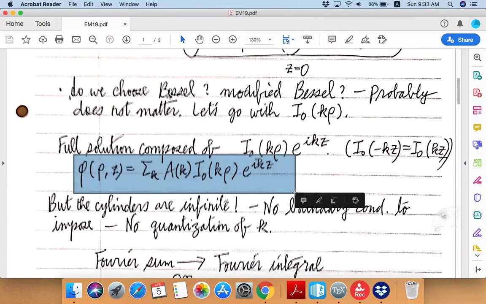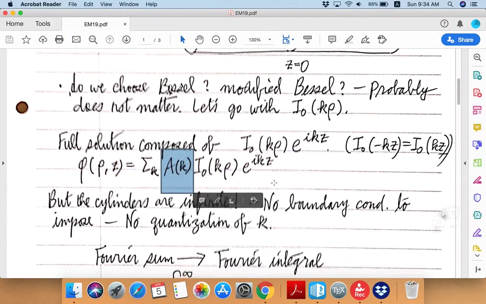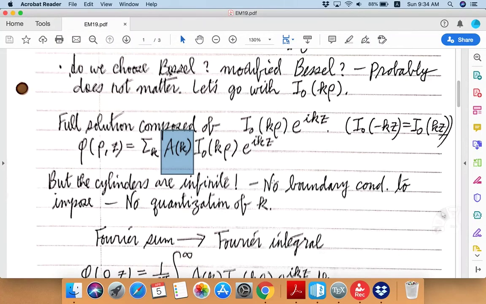The full solution is a superposition of these functions with some coefficients that depend on the k wave number, and that's this A of k. And then naturally we move on to the next question of determining what this A of k is.